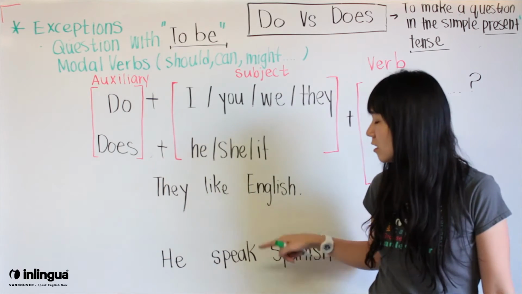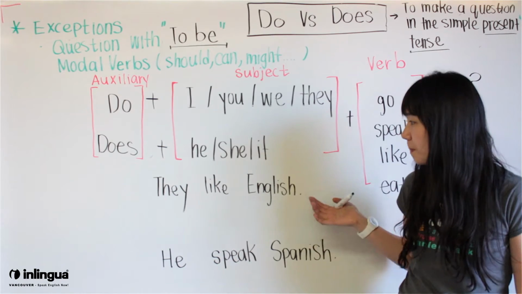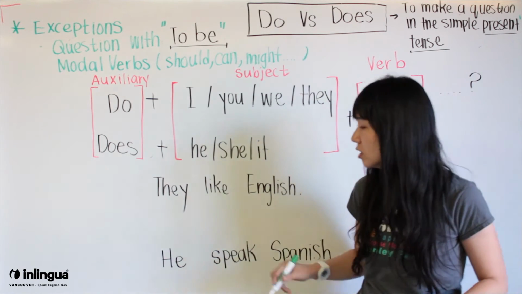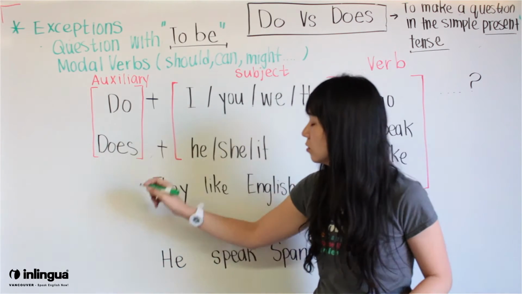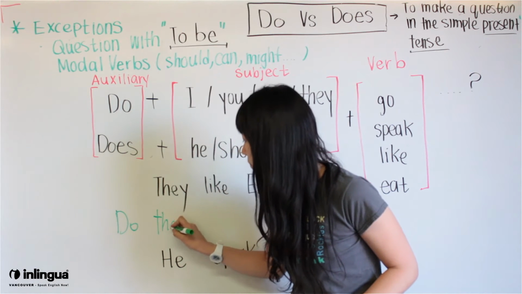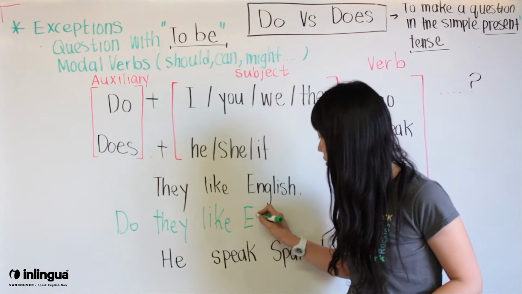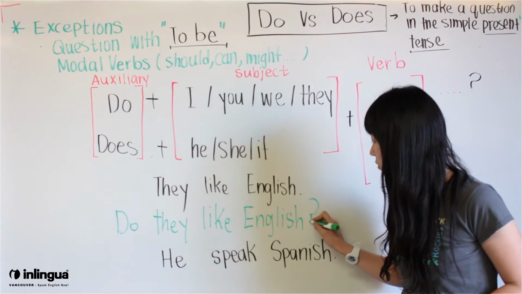So if we look here, you have positive sentences. So, they like English. To make this into a question, for they, you use do. So you would say, do they like English? Question mark.